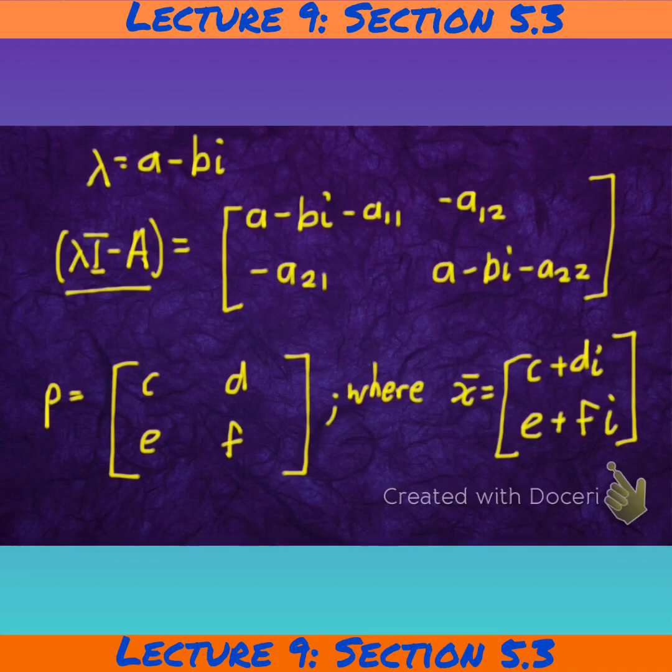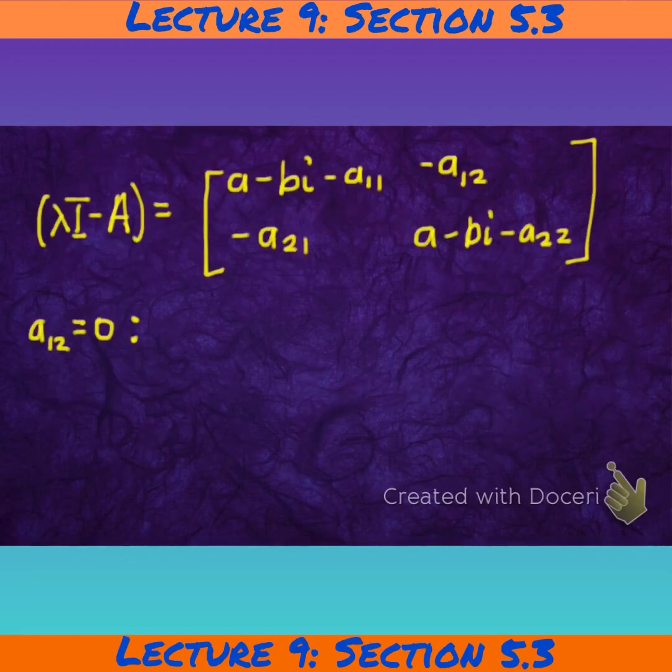That's equivalent to looking at all non-zero vectors x where x is in the null space of this matrix. Remember, because lambda is an eigenvalue, lambda must make the determinant of that matrix equal to 0.